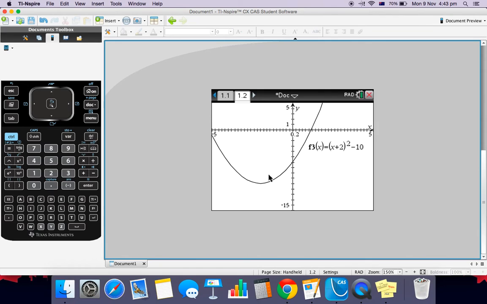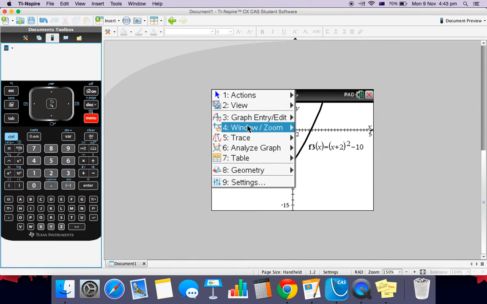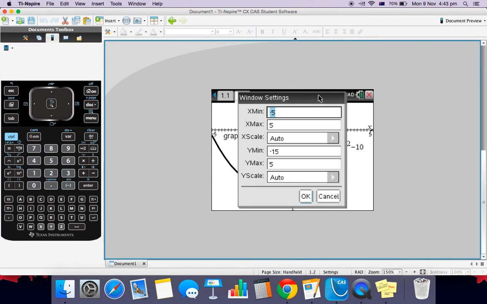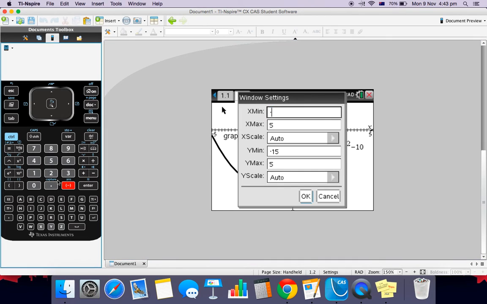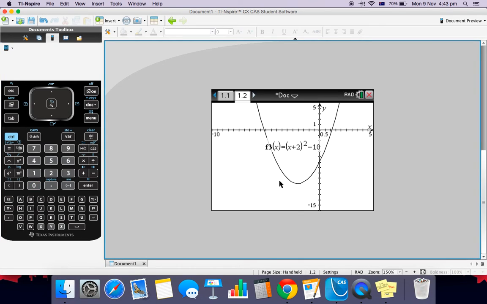Now that's good, we can see the turning point, but we can't see our other x-intercept. So we go back to window settings. We know that that is our x-axis min, and we can make it negative 10 again. Now we can see everything.